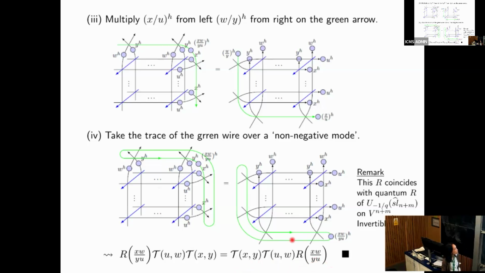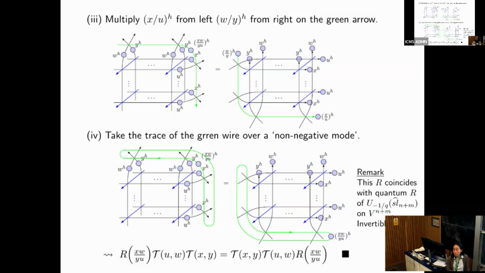And here, this R is nothing but the quantum R for some U_q, some quantum group. And the good point for us is that this R is invertible. So we multiply R inverse from the left, for example. Then by taking a trace over these black arrows, we get the commutativity of the trace of this monodromy.